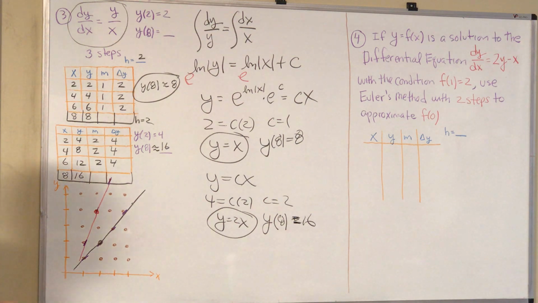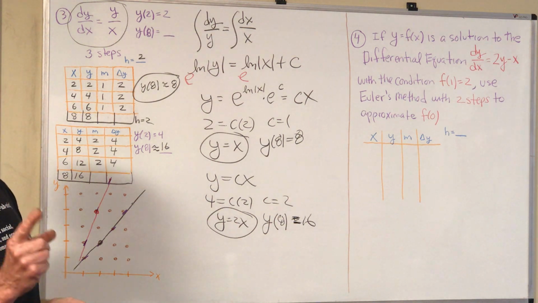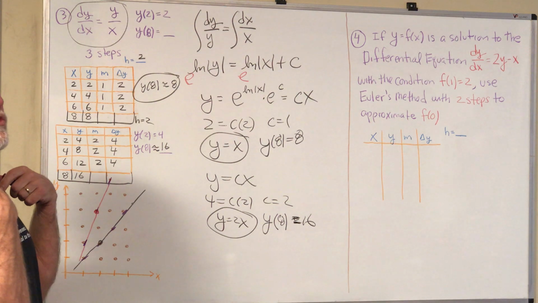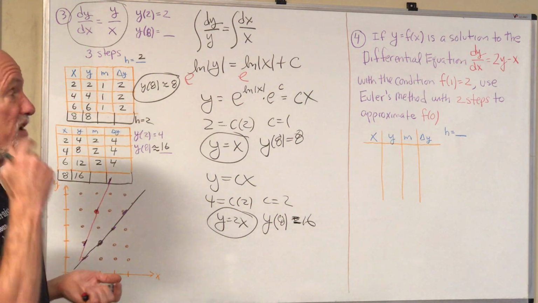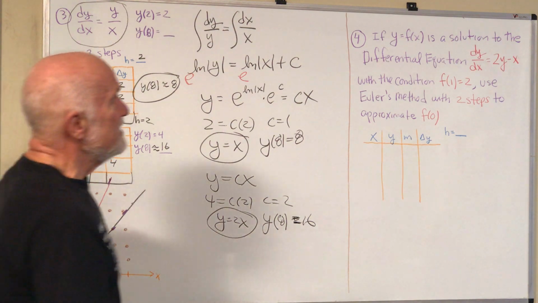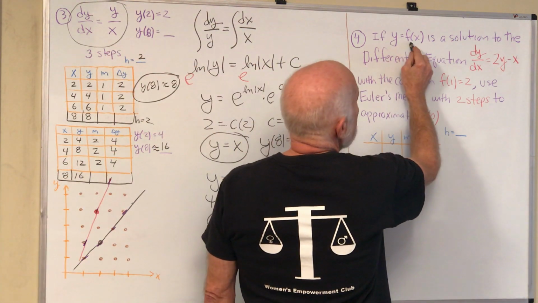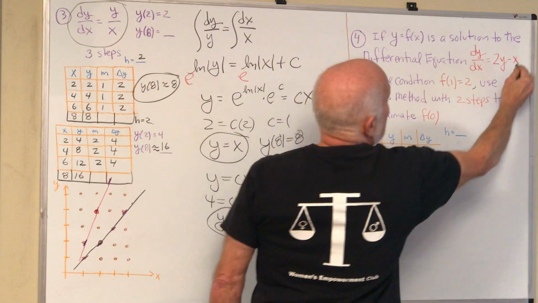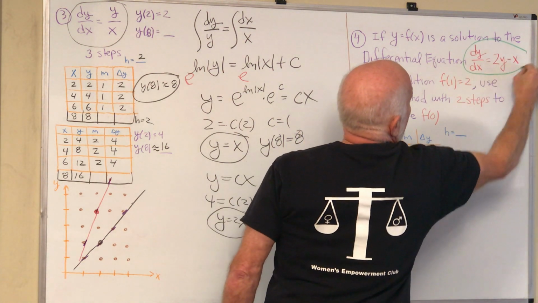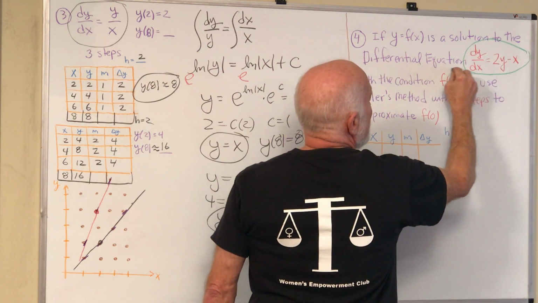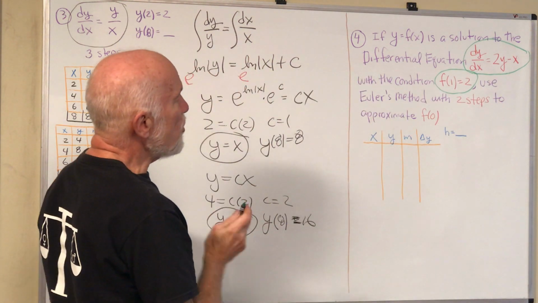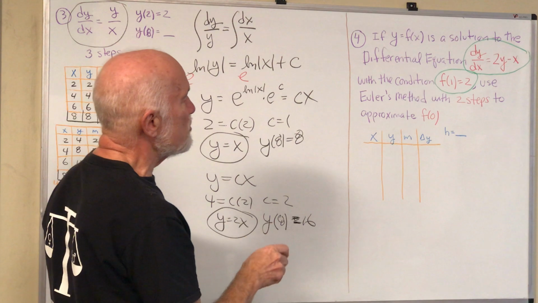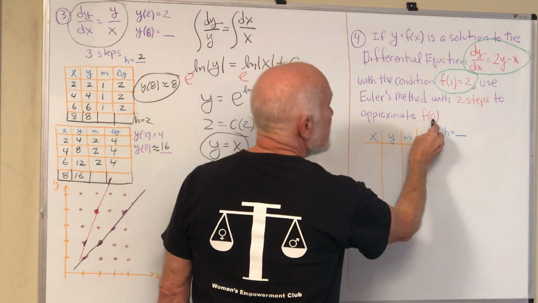Okay, so I'm just going to do one other quick one just to show you that you don't have to go with positive values of change at x. You can go backwards. In other words, if y equals f of x is a solution to this differential equation with this initial condition, use Euler's method with 2 steps to approximate f of 0.